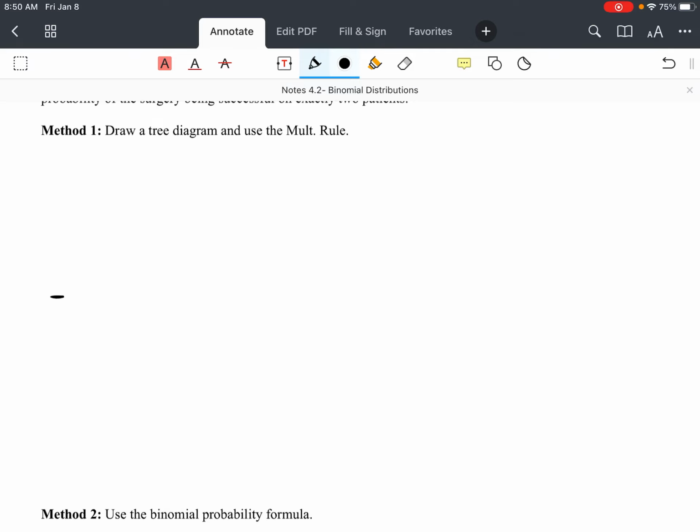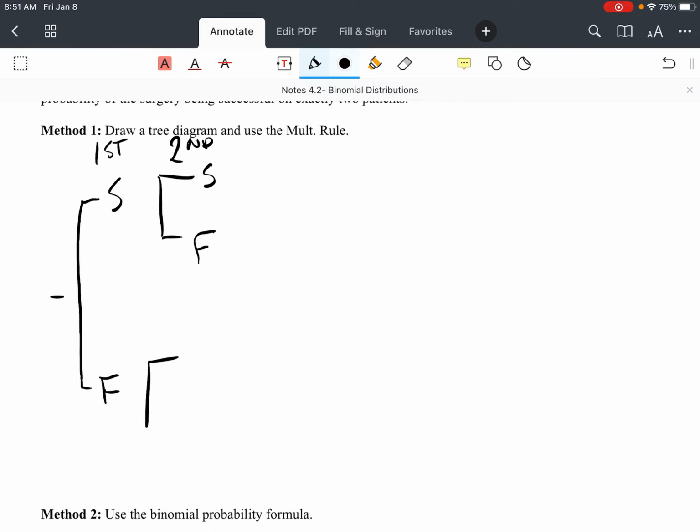Okay, so when building this tree diagram, if I were to say the first patient, so let's go ahead and say that this first line is the first patient. So in the surgery, it was either a success or a failure. Okay, and then if I were to go to the second patient, again, it's either a success or it was a failure, right?